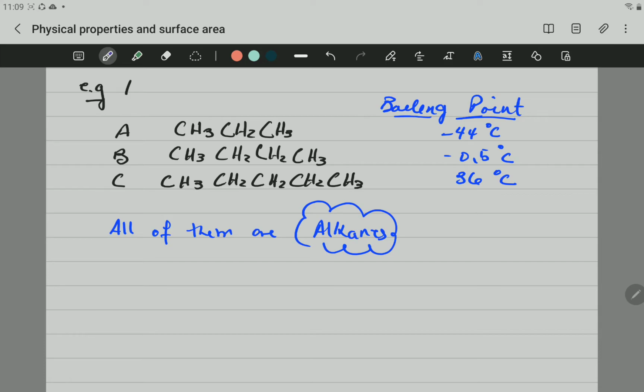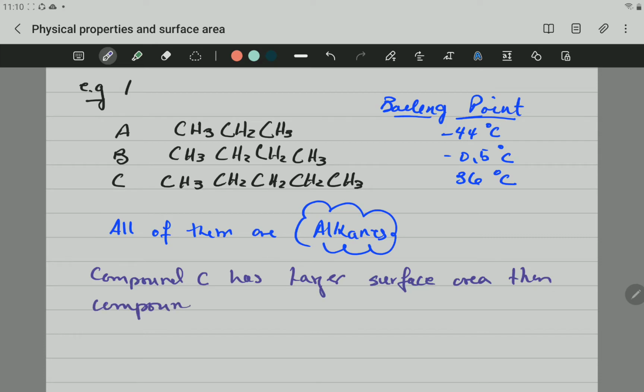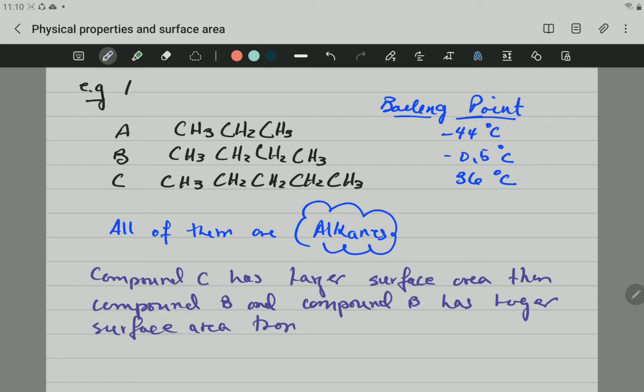So let's see how to explain that trend using the properties. What we have to say is: compound C has larger surface area than compound B, and compound B has larger surface area than compound A. That is the first thing.